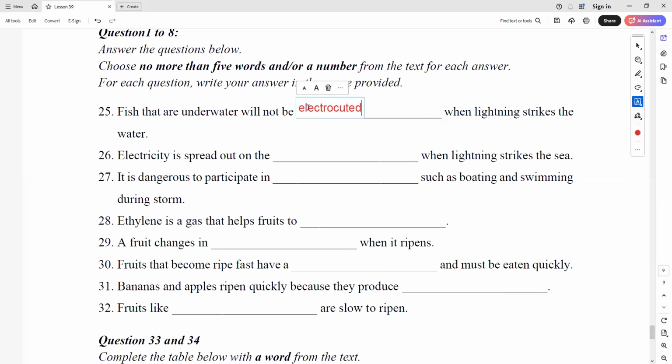Yes, that's very good. Electrocuted. Number 26.